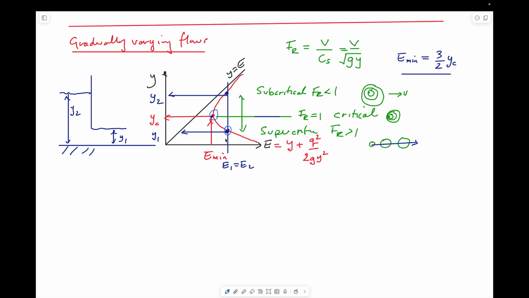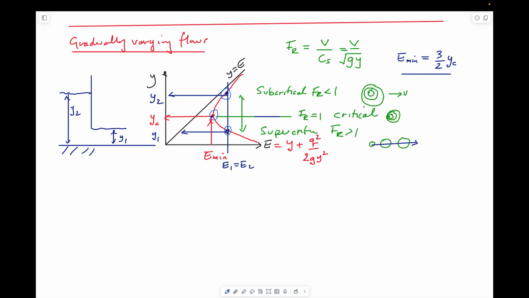It could be supercritical, flowing very quickly, but at shallow depth, according to this. If you draw this over here, you get this point here. Or it could be a deep flow that is flowing slowly and is equal to this magnitude here. And so knowing that the flow has to have the same specific energy if there are no losses within the system means that it has to be on this line.